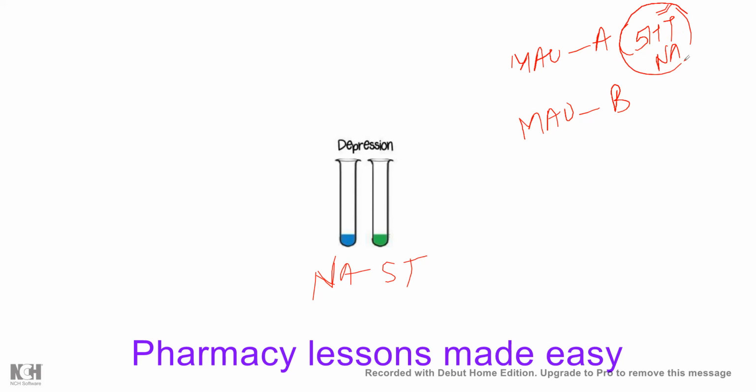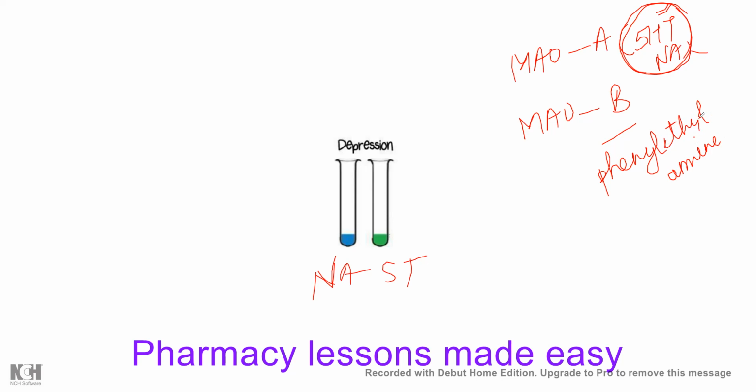The neurotransmitters which are actually responsible for depression. And monoamine oxidase B deaminates phenylethylamine. Right, so we must know this fact.